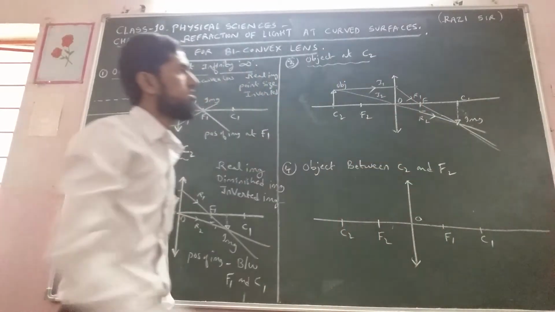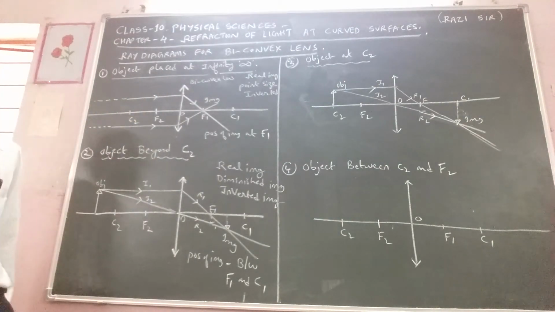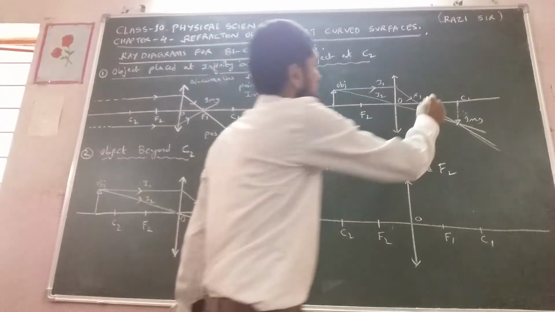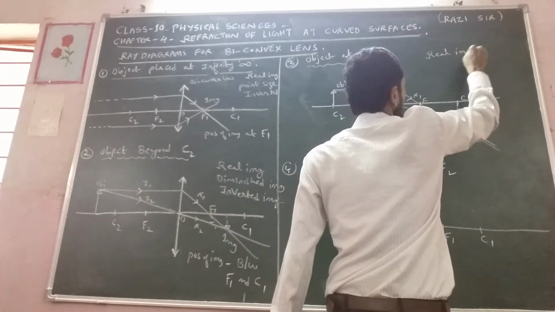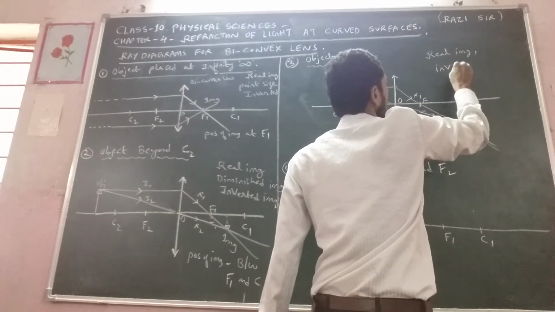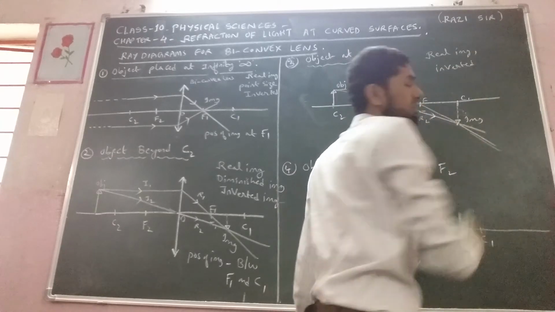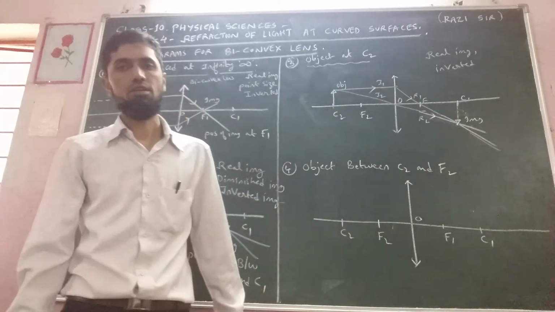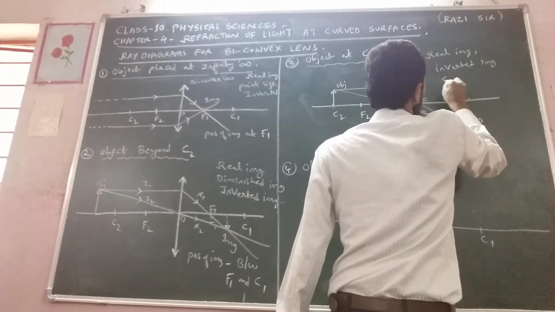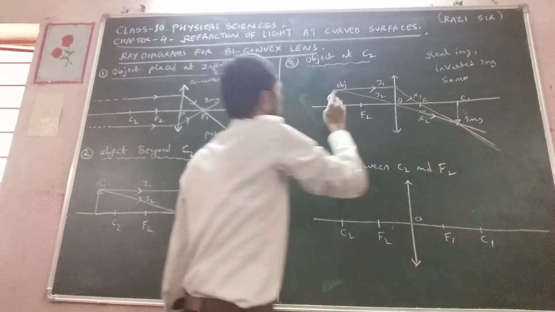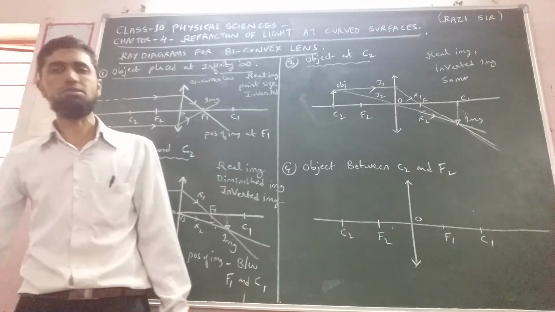So whenever the object is at C2, we get the image at C1. What are the characteristics? We get a real image, an inverted image, and the size of the image, when we compare it, is the same size.